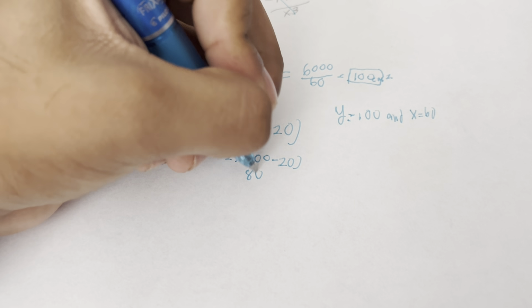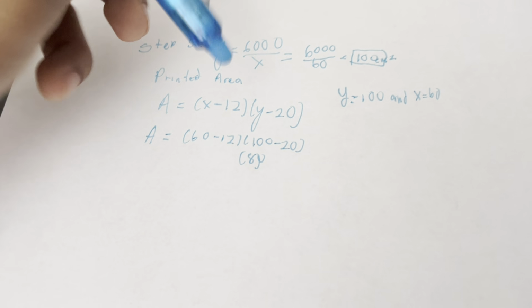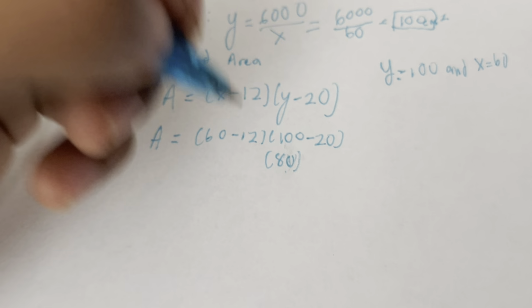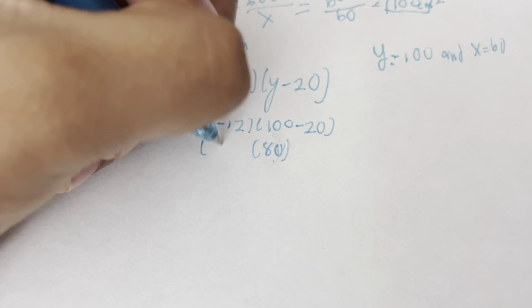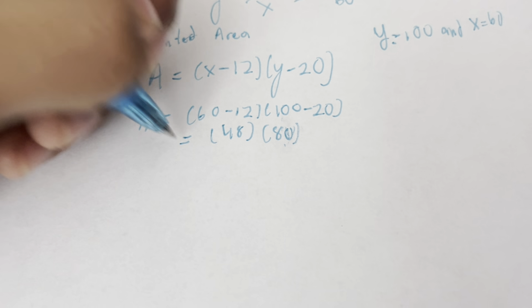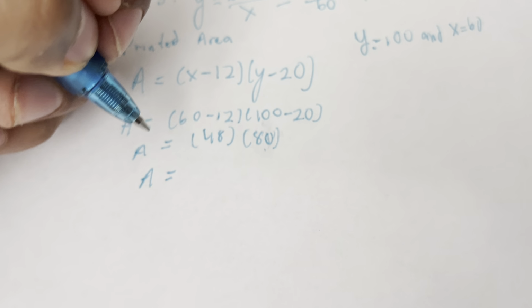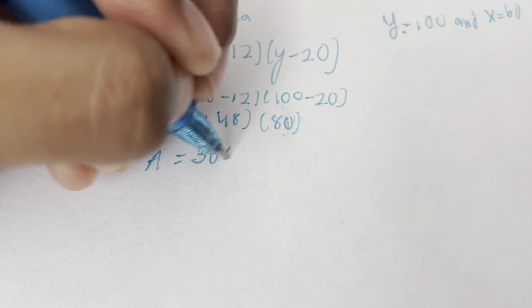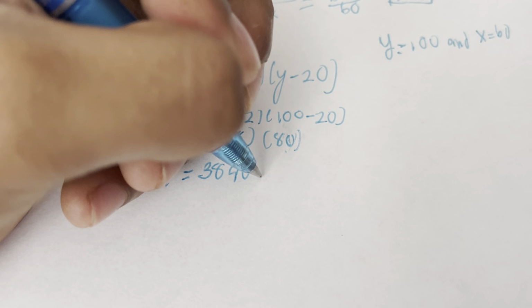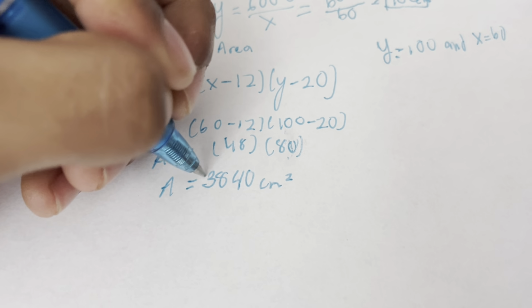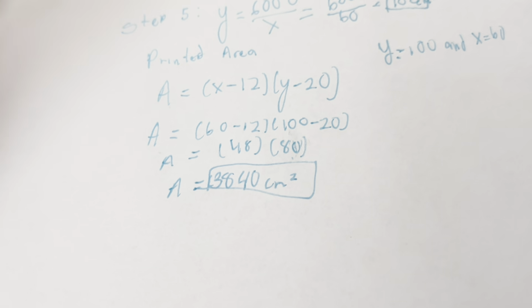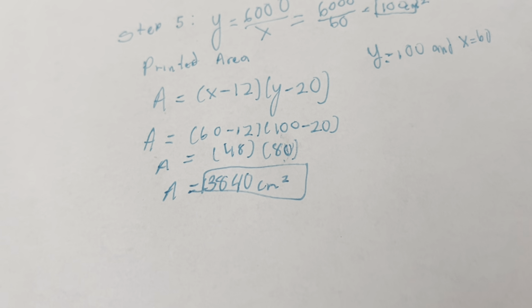We get 80 from here. Sorry, it's just hard to record with the phone in one hand and writing with the other. So 60 minus 12 is 48, which gives us an area of 3,840. And don't forget the centimeters squared, because that's important also. So that's basically how I solved the problem.